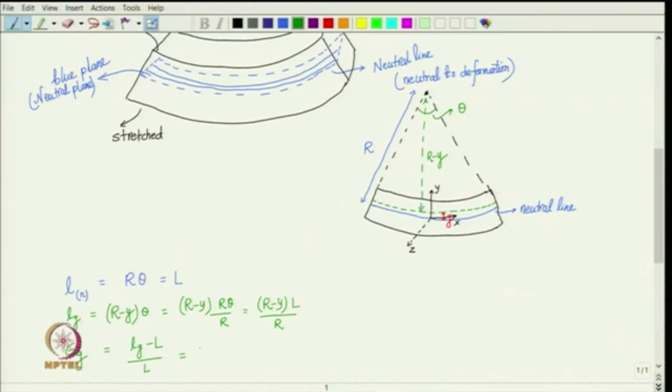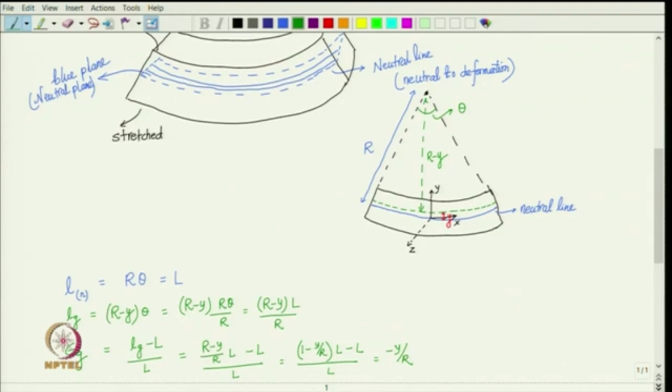What we get here is simply (R minus y) over R into L minus L, divided by L, which is equal to (1 minus y by R) into L minus L divided by L, and that is simply minus y over R. So, this way we are able to find out the longitudinal strain for any axial line at a distance y from the neutral line.